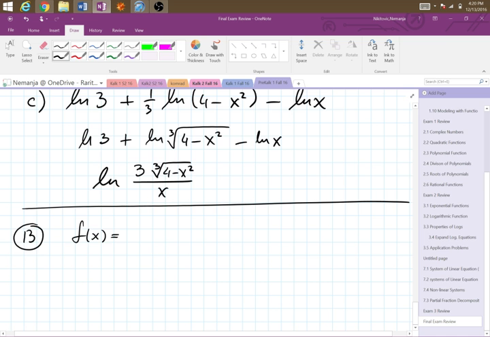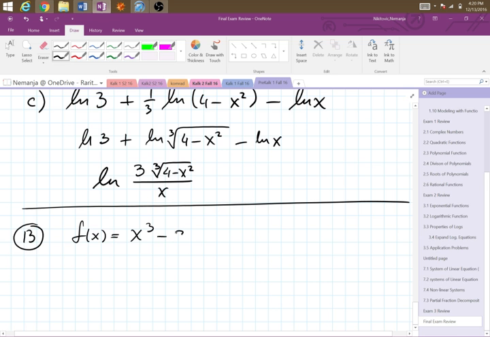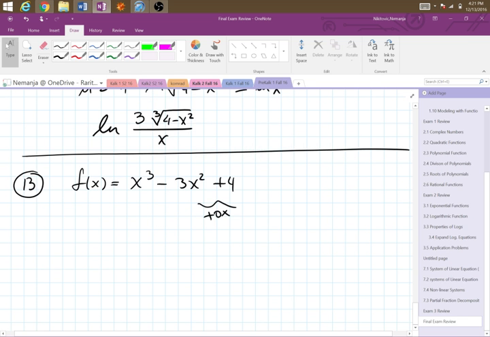Finding zeros. So x cubed minus 3x squared plus 4. We will plug in plus 0x as a placeholder. We use the possible rational zeros plus or minus 1, plus or minus 2, plus or minus 4, because that's all of the numbers that we get.